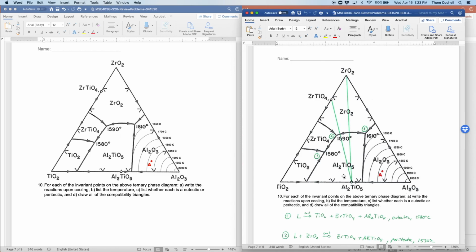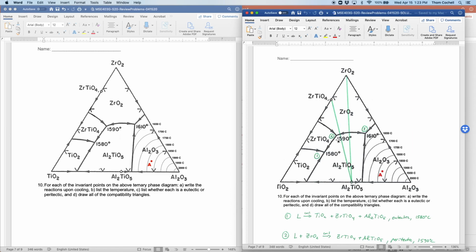And I find the composition of those. So TiO2, and then ZrTiO4, which is here, and then Al2TiO5, which is here. And so basically this triangle bounded by this line is the compatibility triangle for 1. And so 1 lies within that compatibility triangle. And so I determine that.